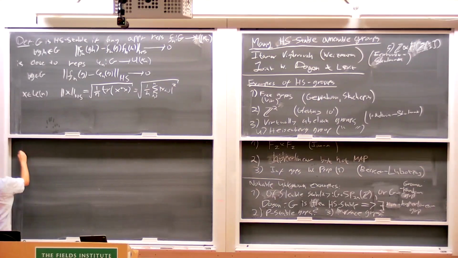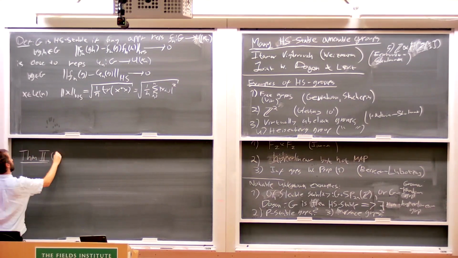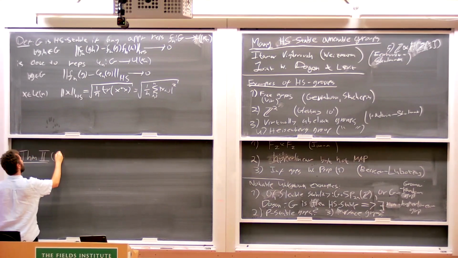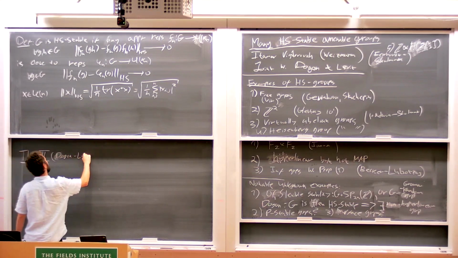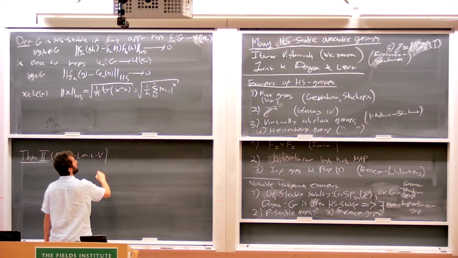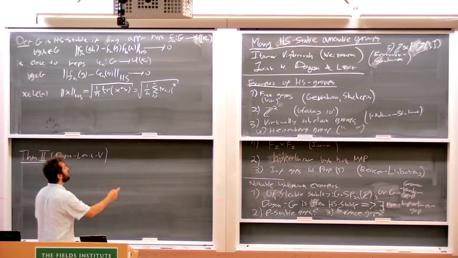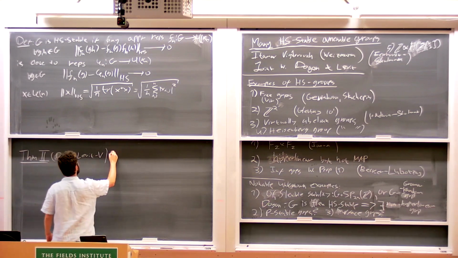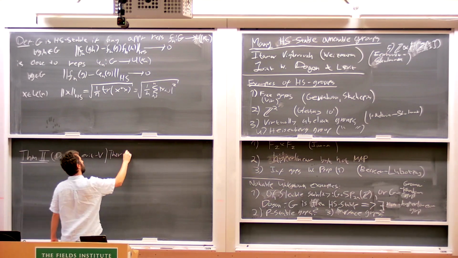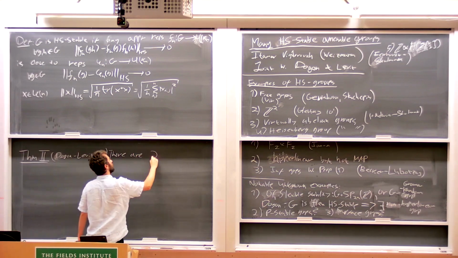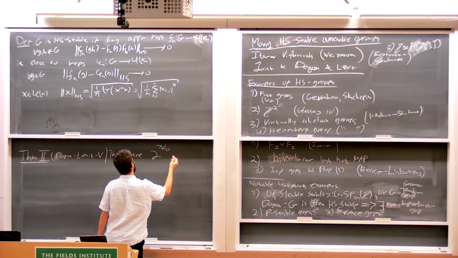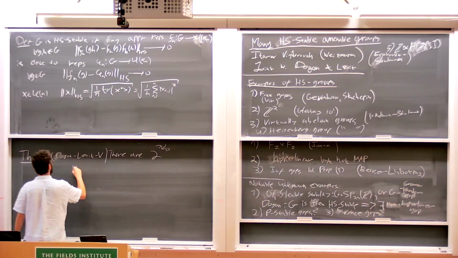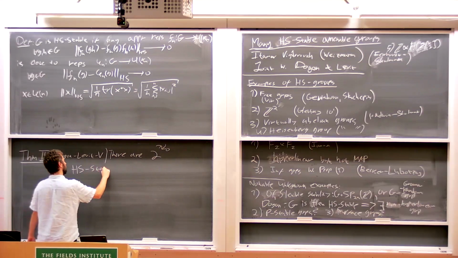The second theorem, which maybe more justifies the word "many", is that there are 2 to the aleph naught Hilbert-Schmidt stable groups.